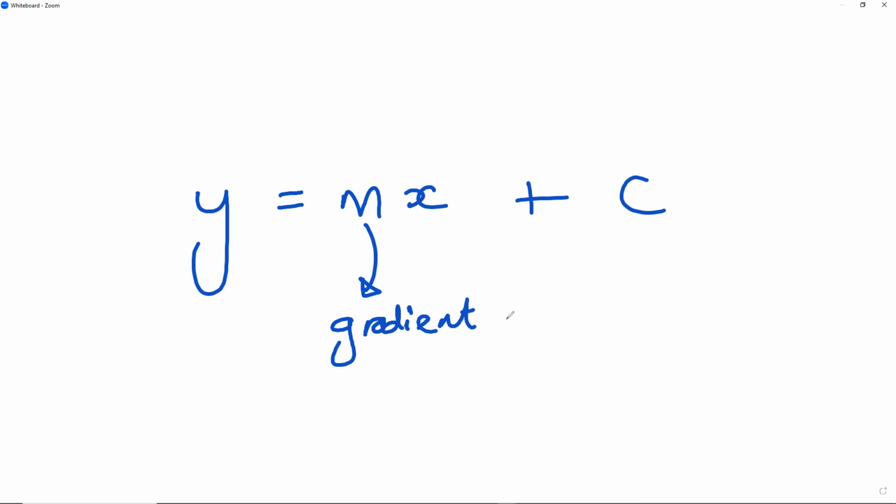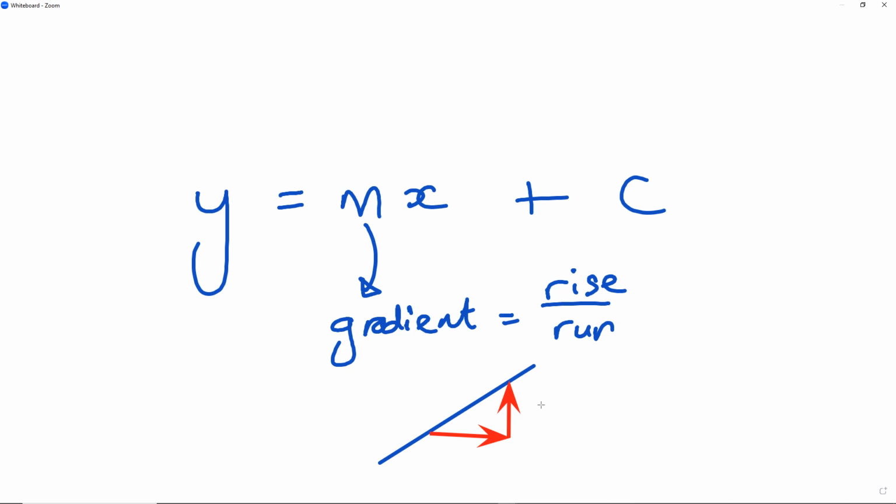And the gradient of a line is calculated by taking rise over run. An example of that is, suppose I have a positive line which is sloping towards the right hand side, and I choose a point, go horizontally and then vertically, creating a triangle.